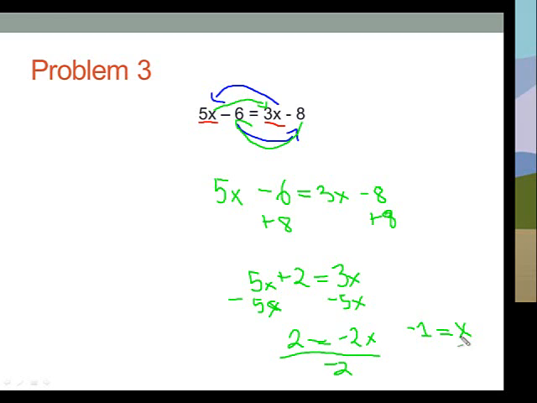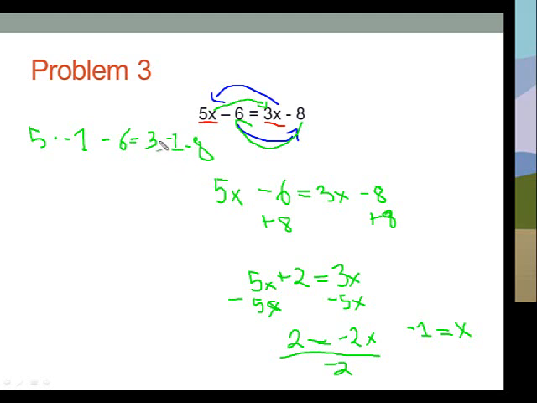They're also really tricky to make sure you get right. So now we are going to plug in 5 times negative 1 minus 6 equals 3 times negative 1 minus 8.